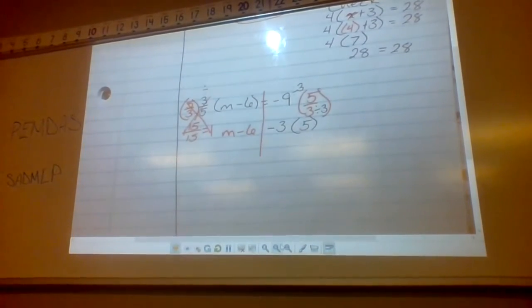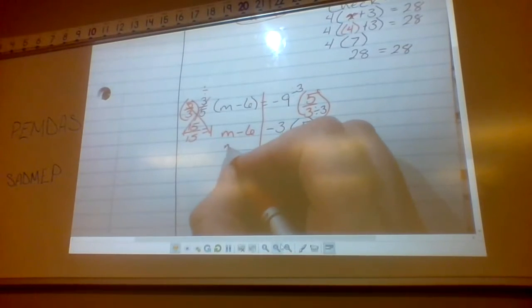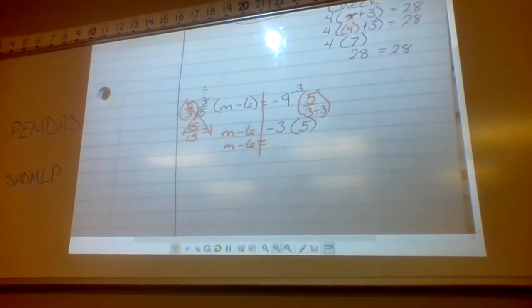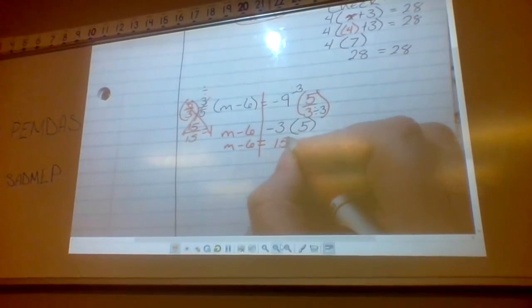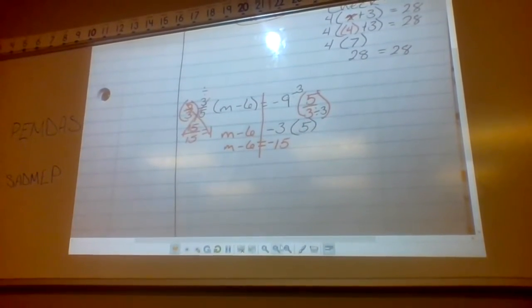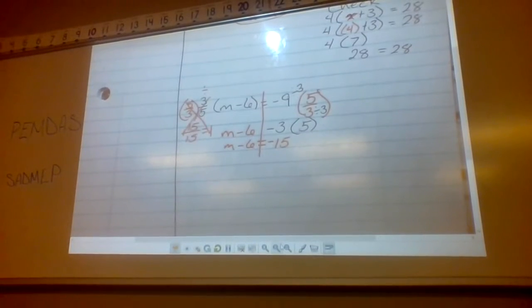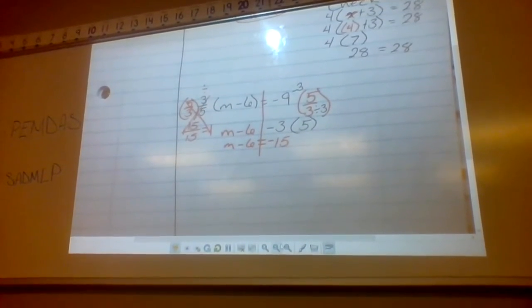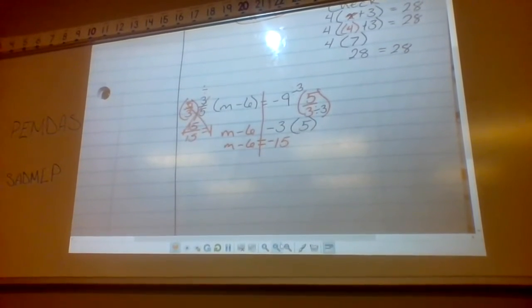So we now have m minus 6 equals, what's negative 3 times 5? Negative 15. Why negative 15? Because the 9 was negative. Do you have any more fractions? No. So after one step, there's a chance you can be completely rid of fractions. That's pretty good.